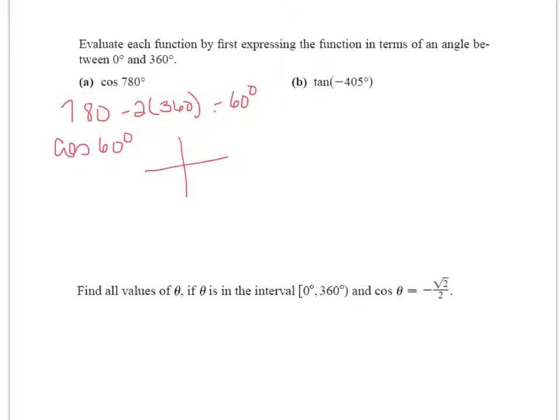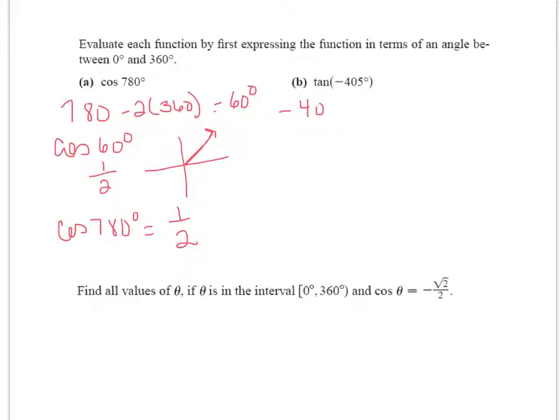Cosine of 60 degrees is going to wind up here in quadrant 1. So cosine of 60, don't forget your triangles, the answer is 1/2. So our answer is cosine 780 degrees equals 1/2. And remember, everything in quadrant 1 is positive. So cosine is going to stay positive.